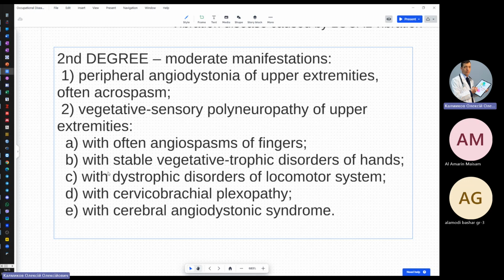Those who have been working as polishers, emery machine operators with high frequency vibration, mostly develop vascular disorders with cyanotic or mottled skin and something like that.